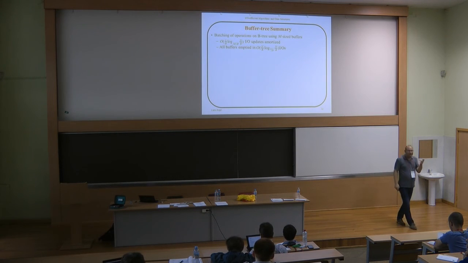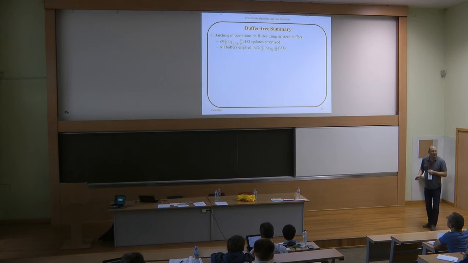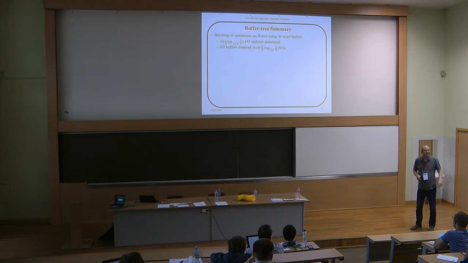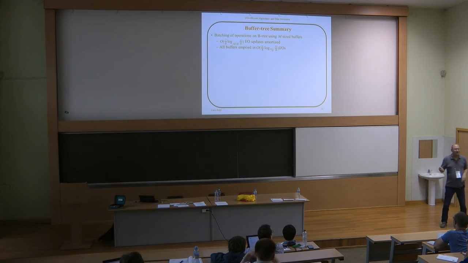Now comes the question that I promised you. How can I do this? How can I get a bound that's smaller than log base B of N when log base B of N is optimal? Yeah? Exactly. I can't search in this thing, right?